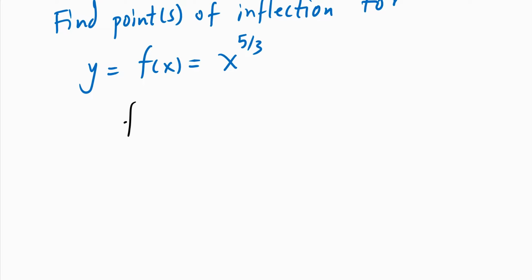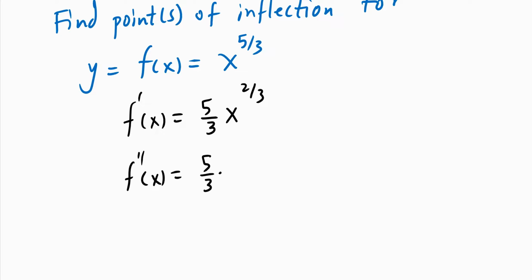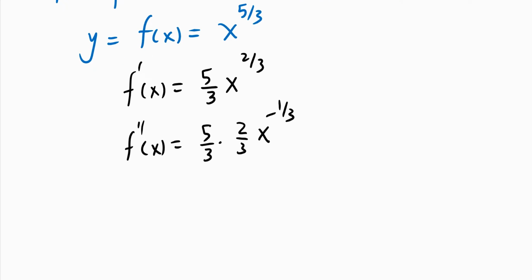So we find f prime of x is 5/3 x to the 2/3. And that's the first derivative. For the second derivative, we keep the 5/3 out as a constant, bring the 2/3 down, subtract 1, and if we simplify this, we get 10 over 9 x to the 1/3.